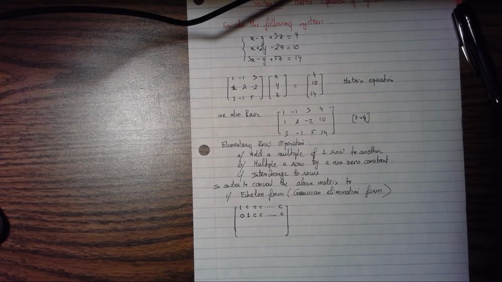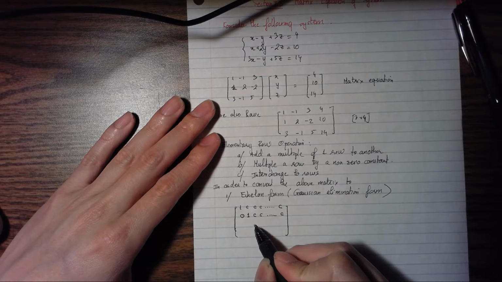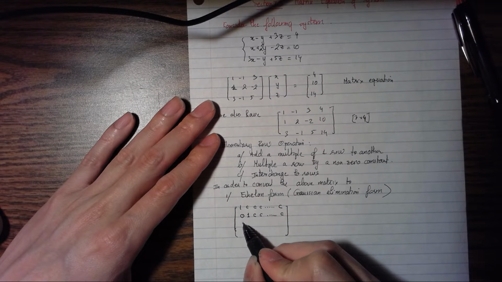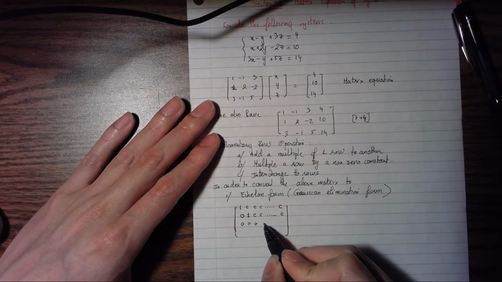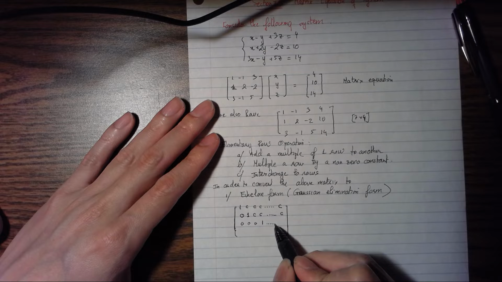However, the second leading entry will be on the right hand side of the leading entry of the row above. For example, over here I can have 1 here and 0, 0, 0 here. I can have 1 over here, and over here is a number.